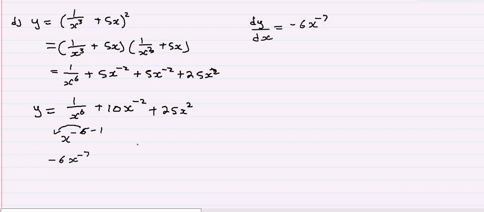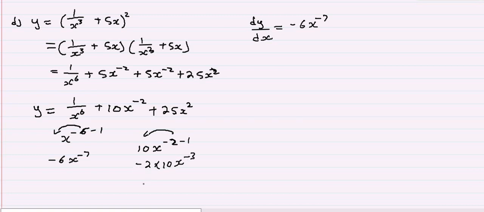What is the derivative of 10x exponent negative 2? You multiply the coefficient with negative 2, it becomes negative 2 multiplied by 10x, then you subtract 1 on the exponent. Negative 2 minus 1 is negative 3.